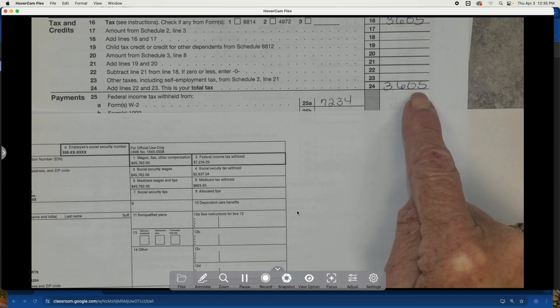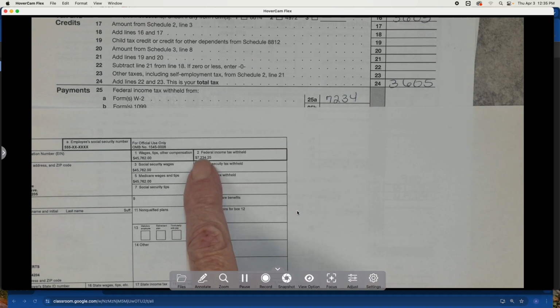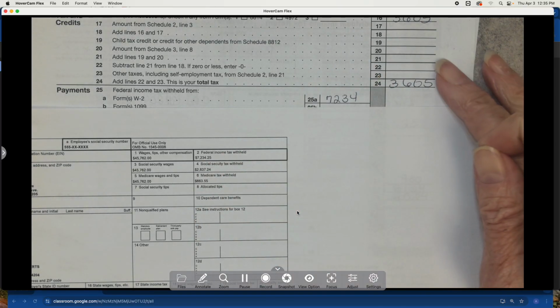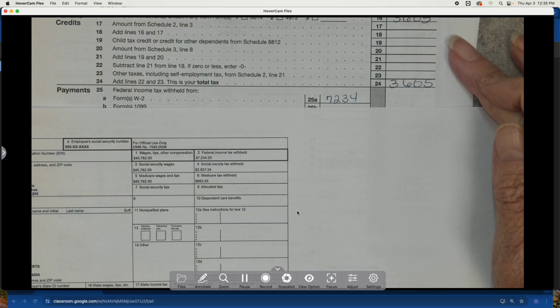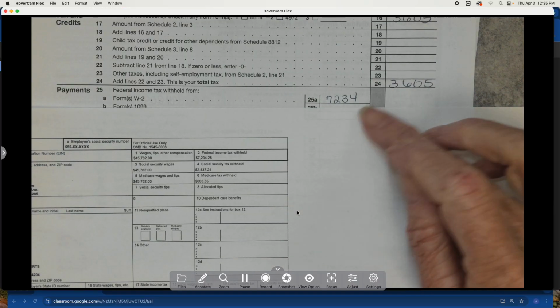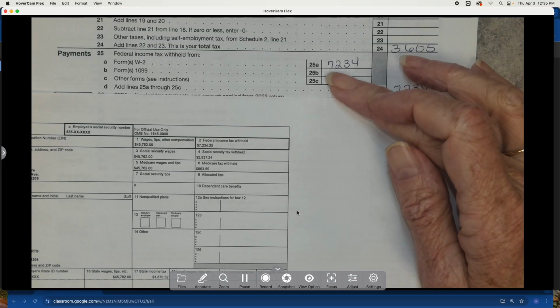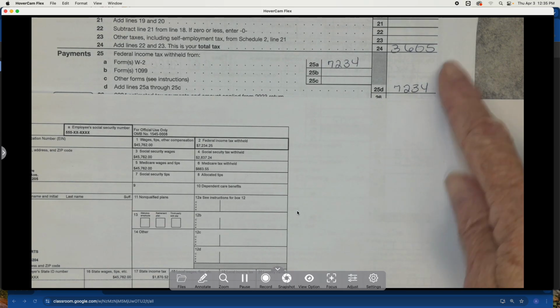Now on our W-2 right here, we had $7,234.25. Now we just round, we never use change when it comes to taxes. So we are just going to put $7,234. That's how much we paid out. So we can tell by looking at these two numbers, we're definitely going to get a refund. And then we don't have a 1099 or any other form, so we're just going to put $7,234 here.